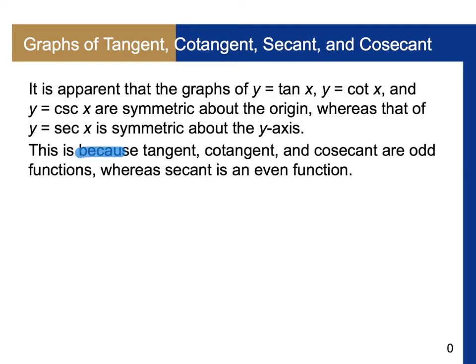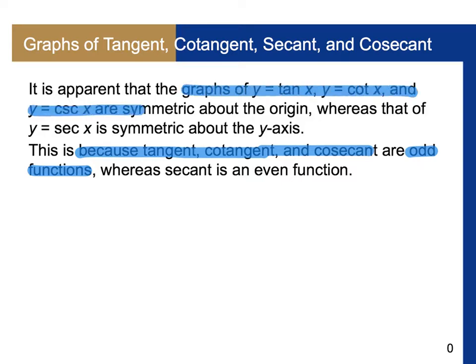Now, because tangent, cotangent, and cosecant are odd functions, the graphs of those are symmetric about the origin. And because secant is an even function, remember that corresponds to cosine, the graph of y equals secant of x is symmetric about the y-axis.